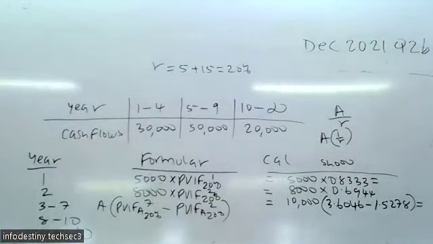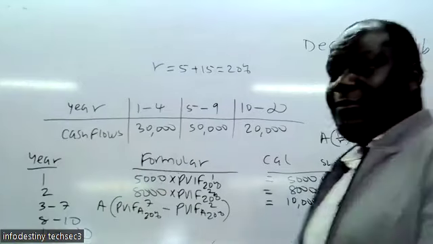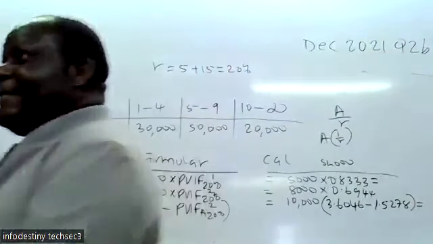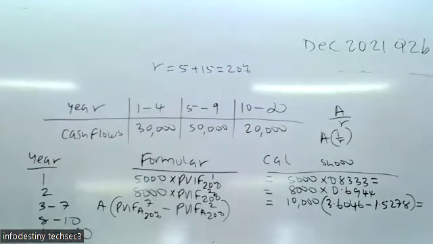Are you getting 48? Yeah, so now we are conversant with the tables. Conversant is how to use the table.